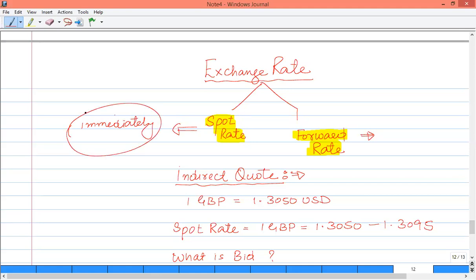For example, if you want to buy a foreign currency today, then usually the rate would be the spot rate. And if you have to deal in foreign currency, say in 3 months time or 6 months time, or you want to agree today, but the buying or selling is deferred for a period of time, the rate that would be quoted is a forward rate for future buy or sell.